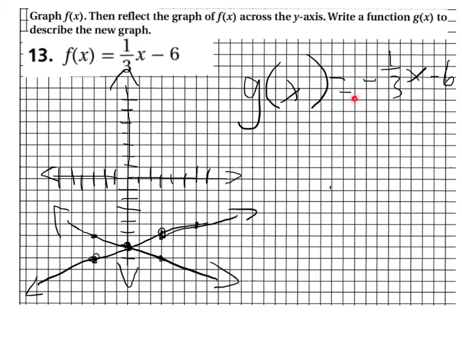G of x equals negative 1/3 x minus 6. This is because the slope is multiplied by -1 to come out with negative 1/3 x, which is the new slope carrying the line downward from left to right instead of upward from left to right.